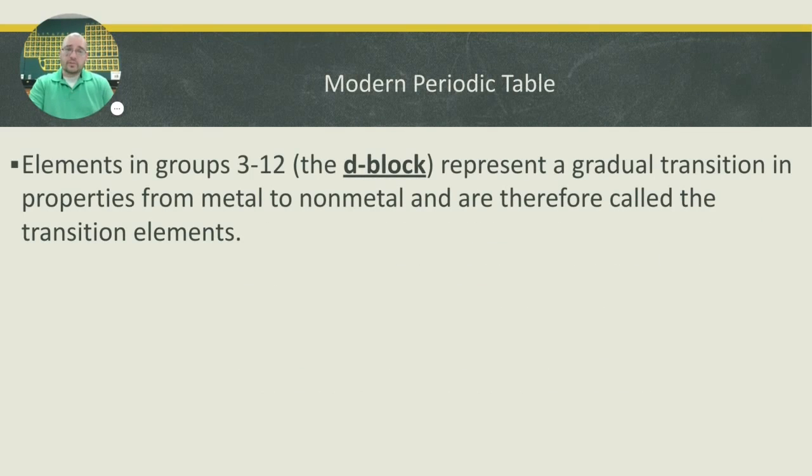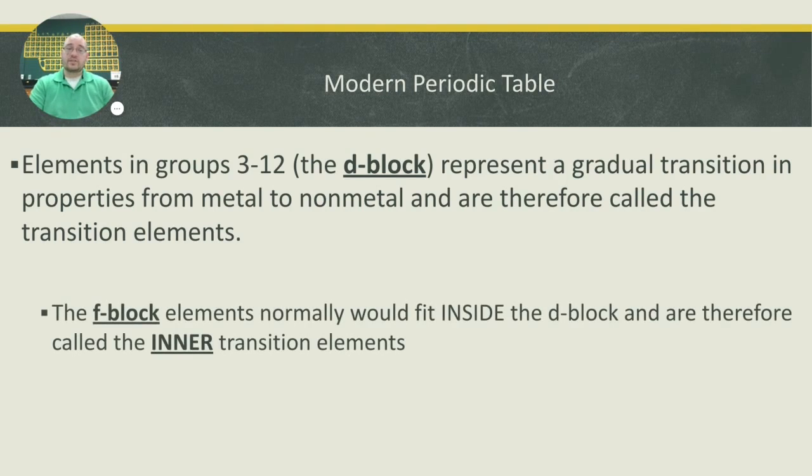Those are your representative elements. Groups 3 through 12, otherwise known as the D block, represent a gradual transition in properties from metal to non-metal. Over here in groups 1 and 2, they're very metallic, and as you move across the periodic table, they become less metallic in character and closer to non-metals. So we call them transitions. They transition into the non-metal block.